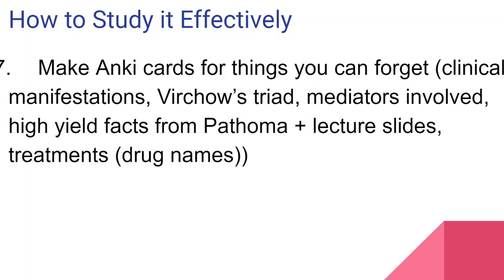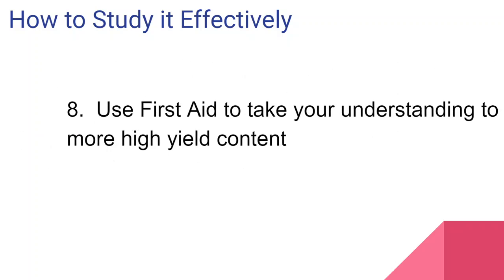All of Pathoma, you can probably turn into a bunch of Anki cards. So really look for the relevant and testable material for your year. I mean, you're not studying for the USMLE, so you want to look for testable material that is relevant to your curriculum. In Pathoma there are some extra things, and it's good to know them, but it is not necessary.